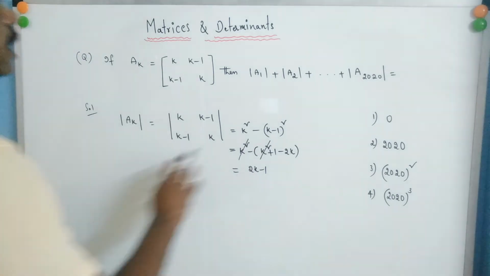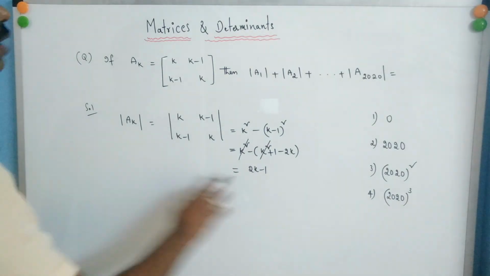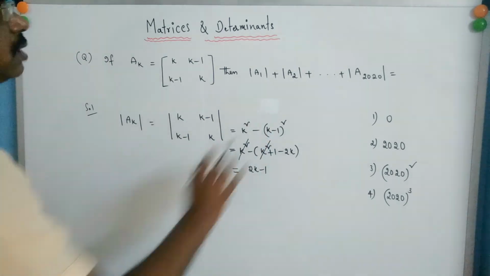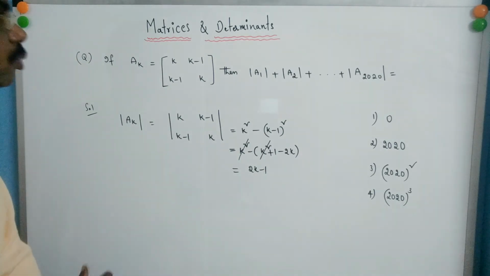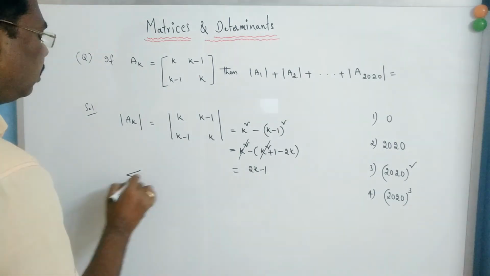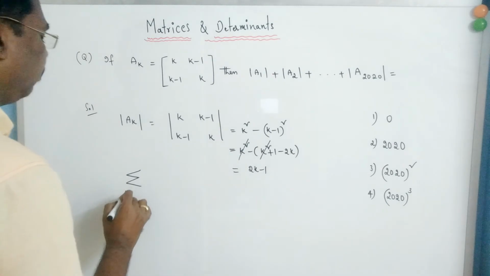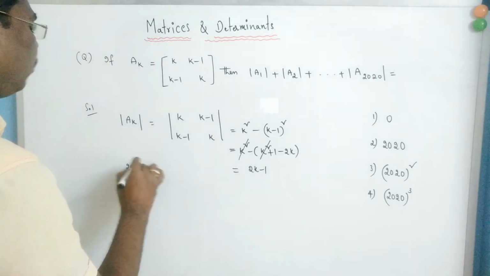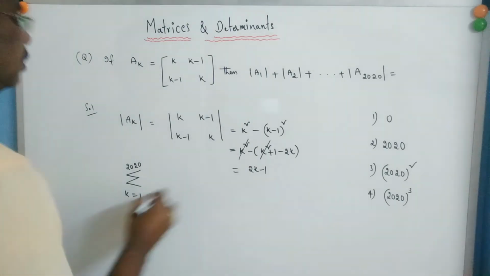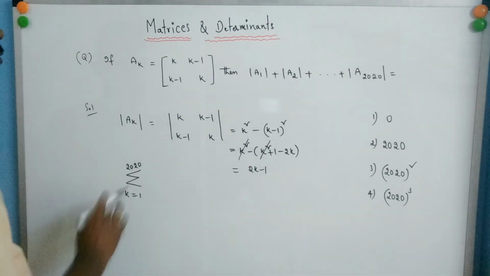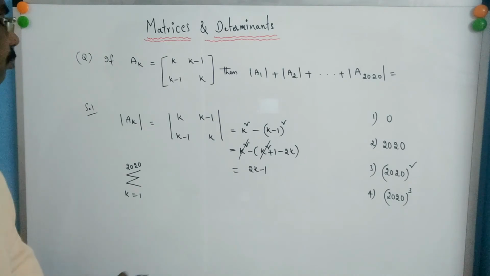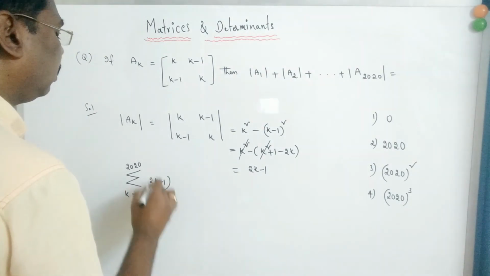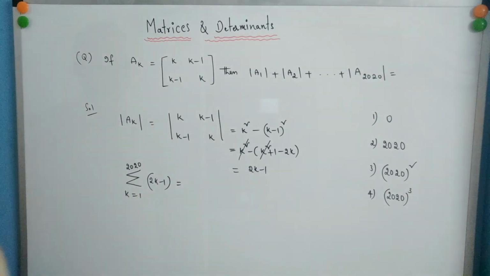Now here det of A K value is 2K minus 1. Now A1 plus A2 plus up to so on A2020, sigma K value 1 to 2020, 2K minus 1.